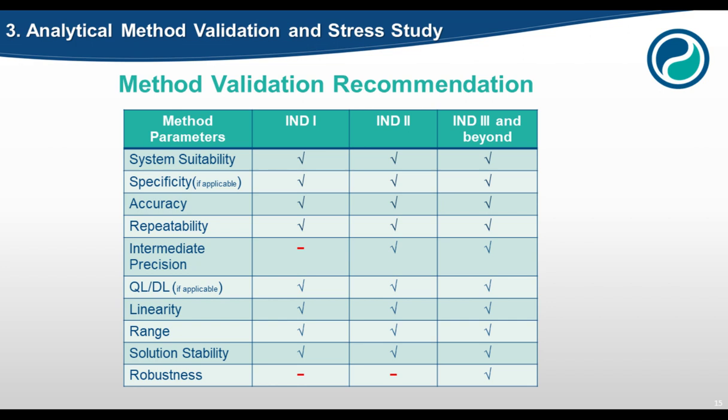We suggest adding the intermediate precision study also. Once we move to R&D phase 3, the drug product development is at a mature stage. The formulation is firmed up, and the manufacturing process has been systematically studied and decided. At this stage, we recommend full ICH guideline validation, including everything.